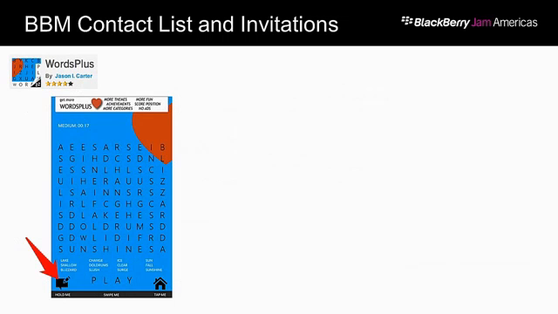So the first example is from our great partners, 2 Casual Coders, and one of the developers is here, Quincy. They're built for BlackBerry, and as you can see, they have a really integrated feel of the BBM connected features. You'll see the icon at the bottom of the screen there.